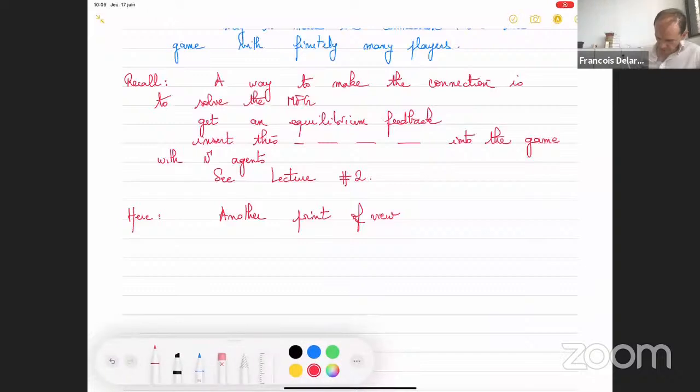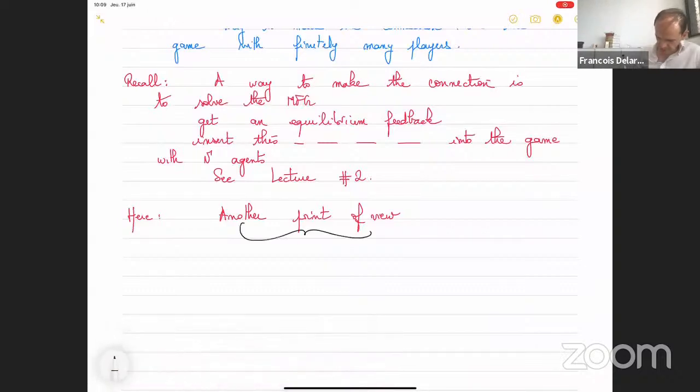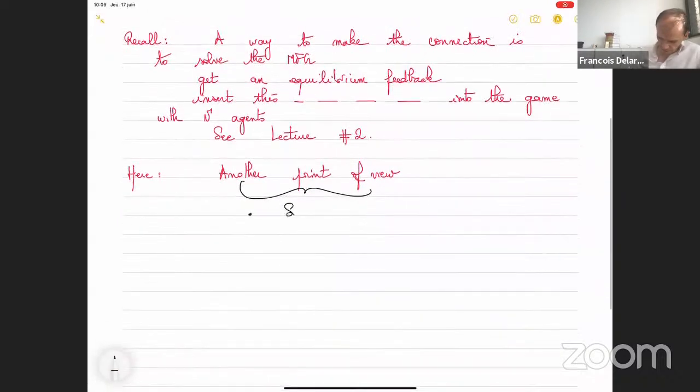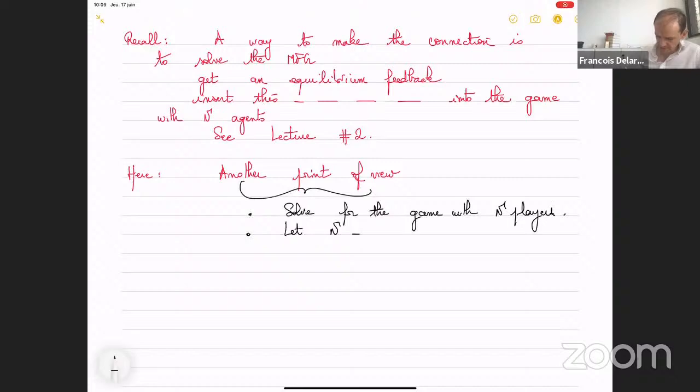What we are going to do is to solve for the game with capital N players. We let N tend to infinity.